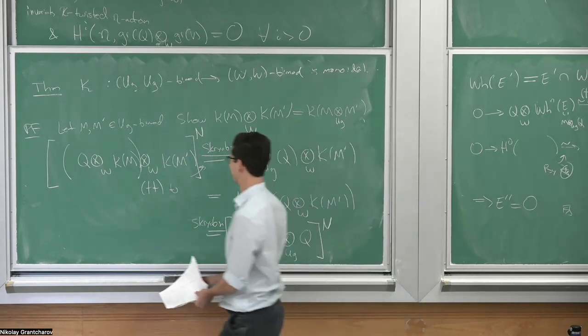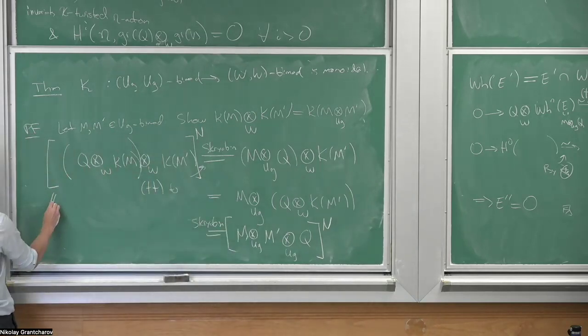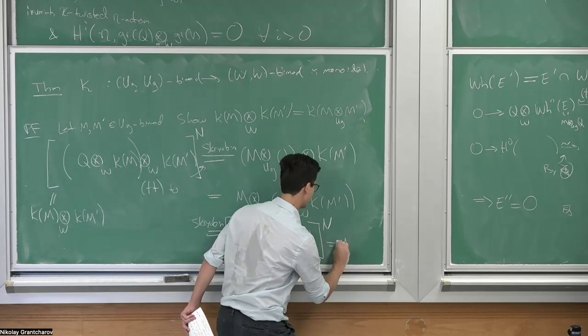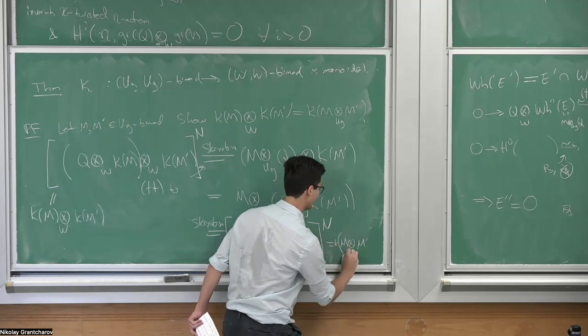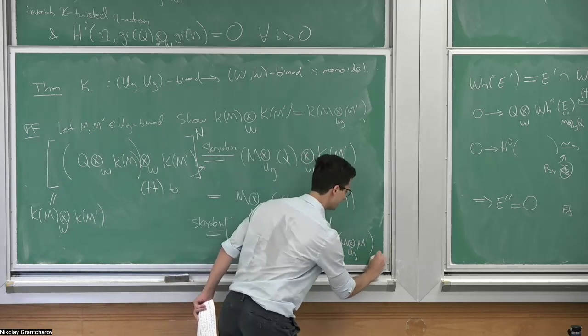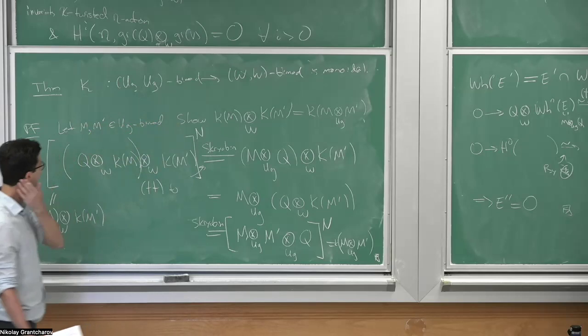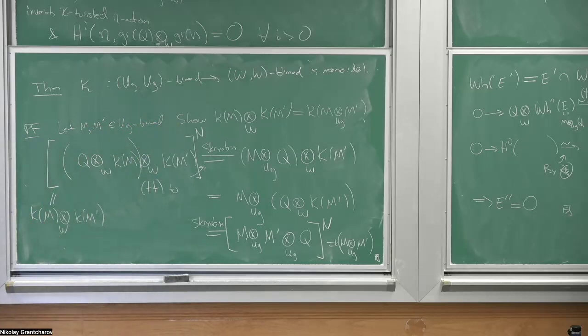So you have this guy is just kappa M tensor, this guy is just M. And that's the formal consequence of Skryabin. And yeah, this proof used nothing special about UG or W. It should hold in much greater generality. Okay, so I think we can take like a 5-minute break and go to Harish-Chandra.